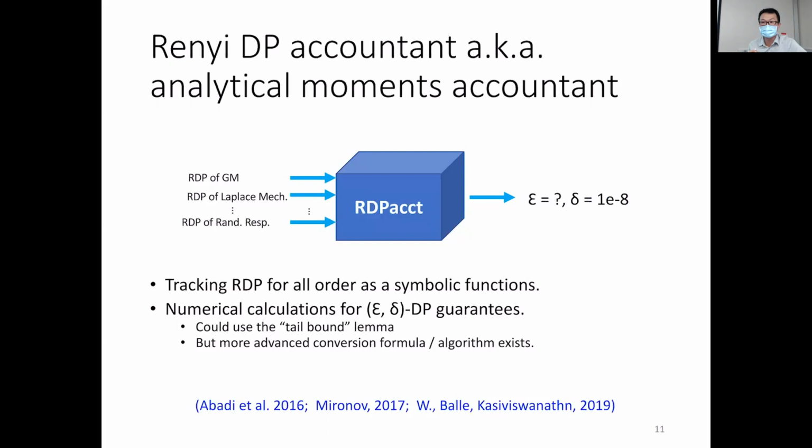For instance, those that involve noisy stochastic gradient descent for differentially private deep learning, from this paper. This is an RDP paper, and this is a paper that proposes the analytical moments accountant.